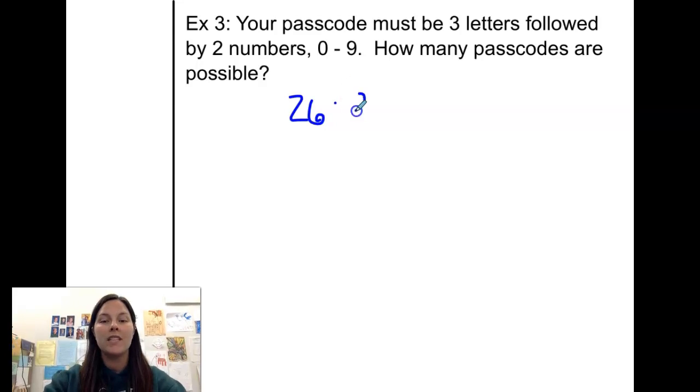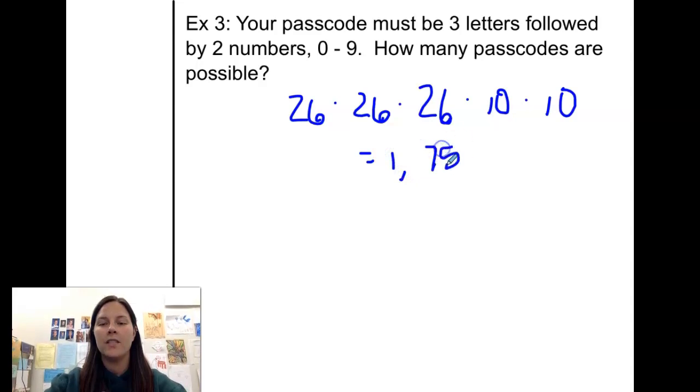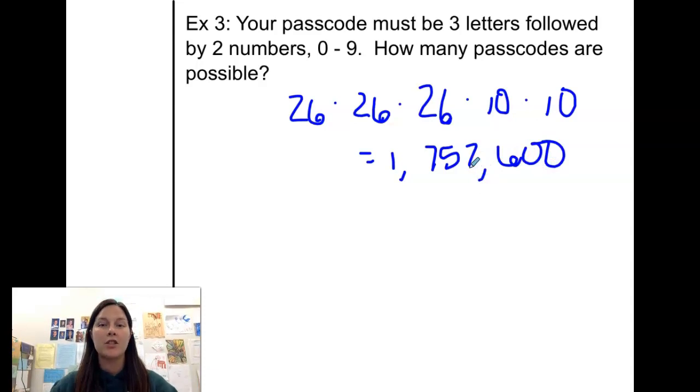So we have 26 letters for the second digit and 26 letters for the third digit. Now it says 2 numbers with the digits 0 through 9. Well, we just counted. There's 10 different possibilities for the numbers 0 through 9. This gives us a total of 1,757,600 different passcodes if these were the conditions we had to choose our passcode from.